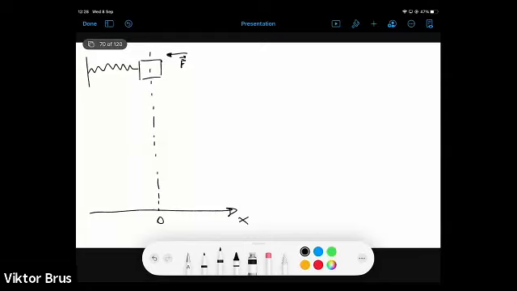So under this force, the spring will be compressed and the body will move to a new position, again an equilibrium condition under this external force applied. Let's show it here. And this position will be some coordinate minus x.